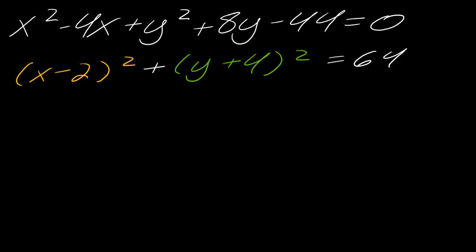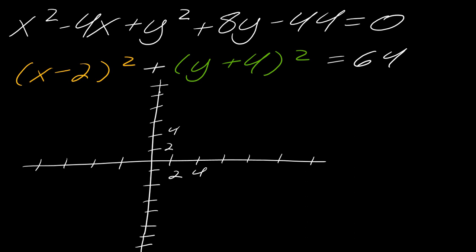So let me bring my graph paper up. Okay, so I have a little bit of a scaling issue here. Each tick mark on my graph is going to represent 2. So my center is (2, -4), which by my graphing standards is here. And then my radius: this is 64, so the square root of 64 is 8, so my radius is 8.